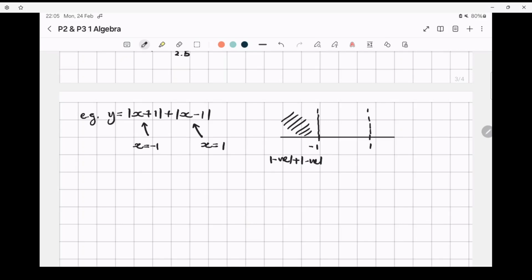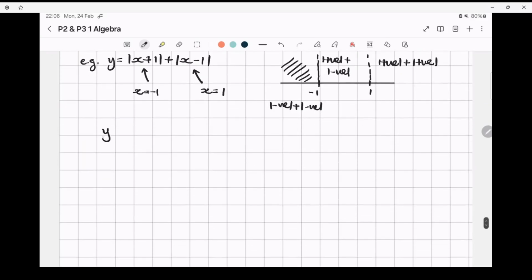When it is between -1 and 1, you have a positive part of the equation plus the negative part of the equation. And then finally, when it is larger than 1, you have the positive part of the equation add with the positive part of the equation.